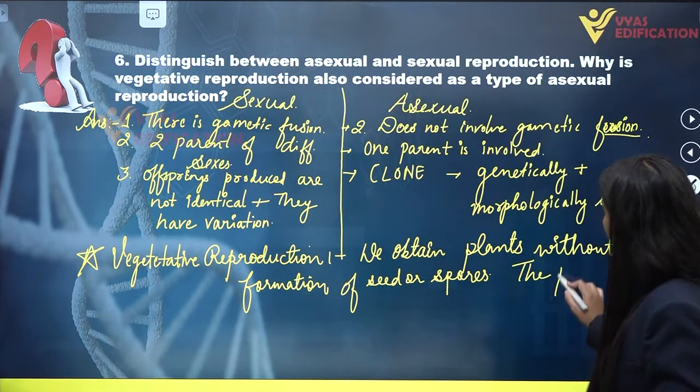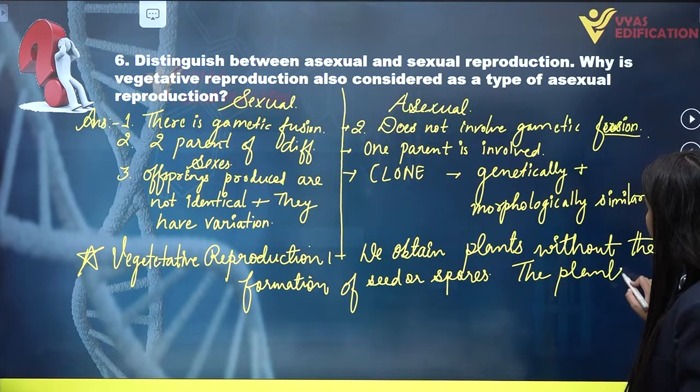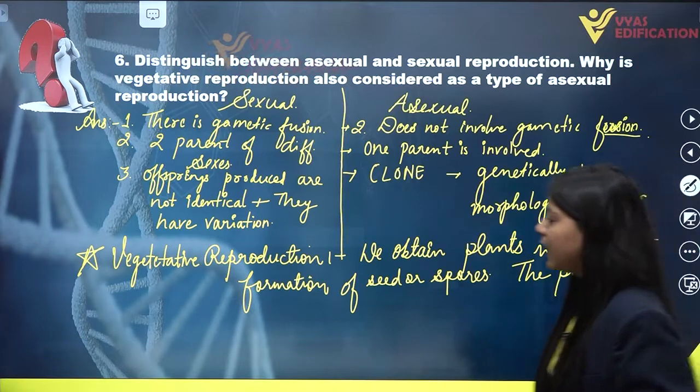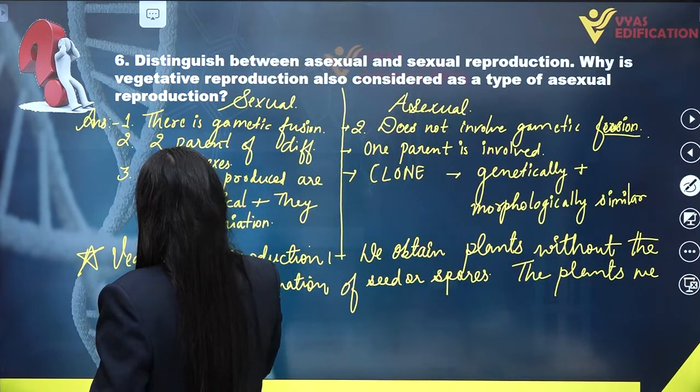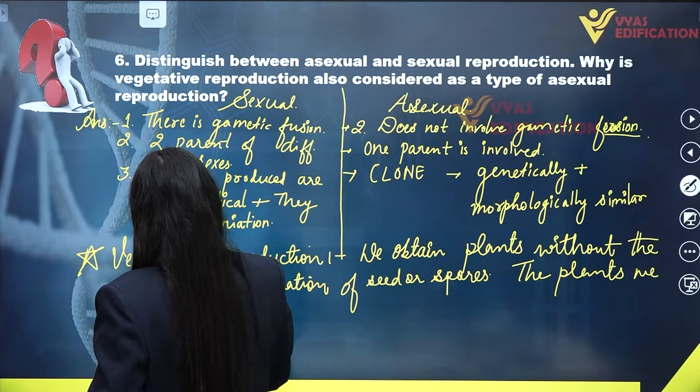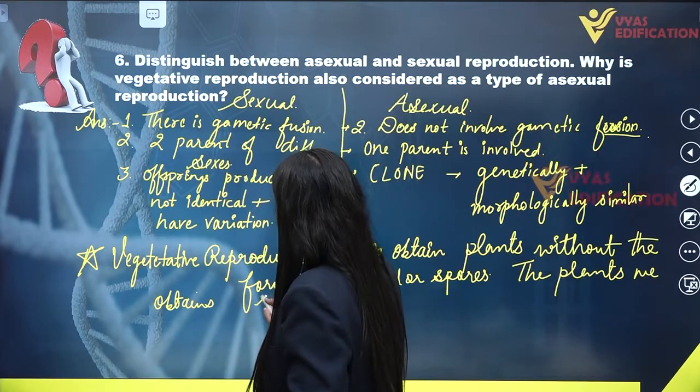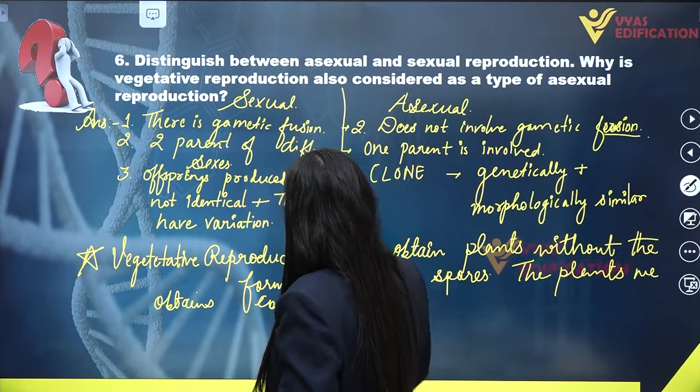The plants we obtain come from the vegetative parts.